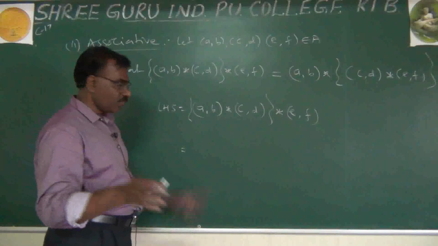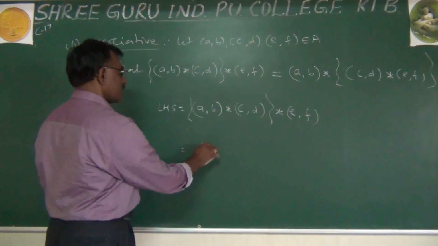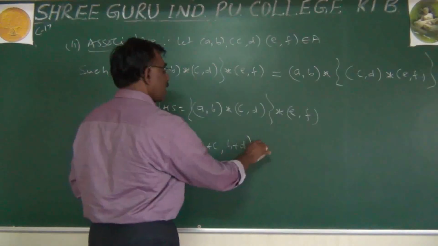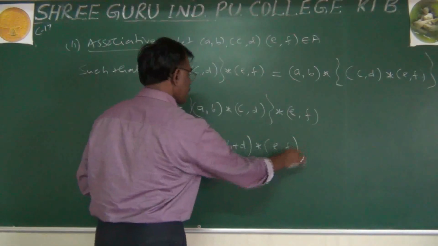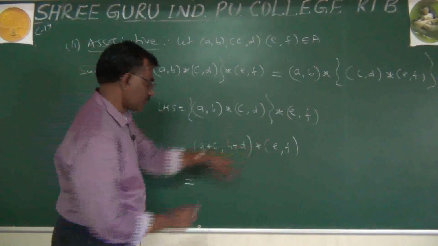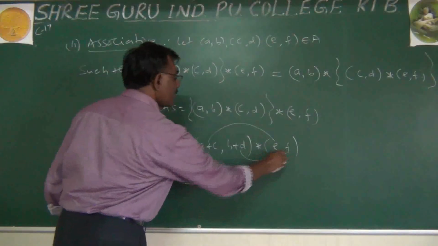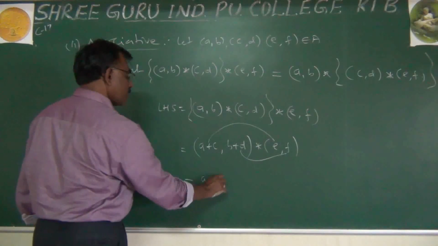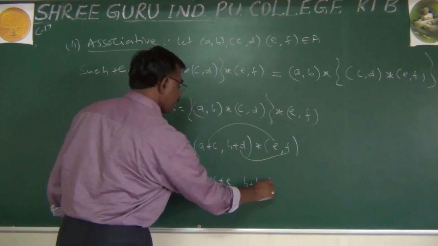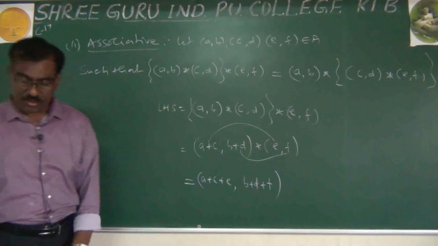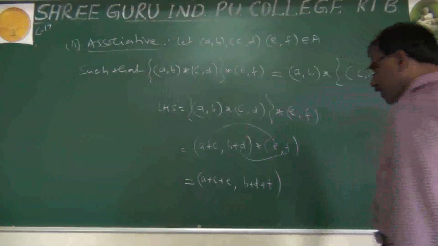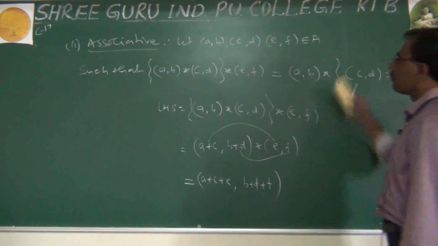According to how star is defined, (A plus C, B plus D) star (E, F). Again, the same sum of these two. You can add these two: (A plus C plus E, B plus D plus F). This is the left side answer. So what is the left side? (A plus C plus E, B plus D plus F).